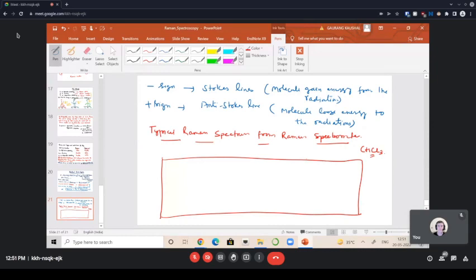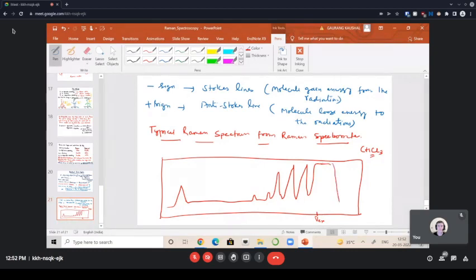So we have the exciting line here. The typical Raman spectrum is like this, and this is the exciting line.